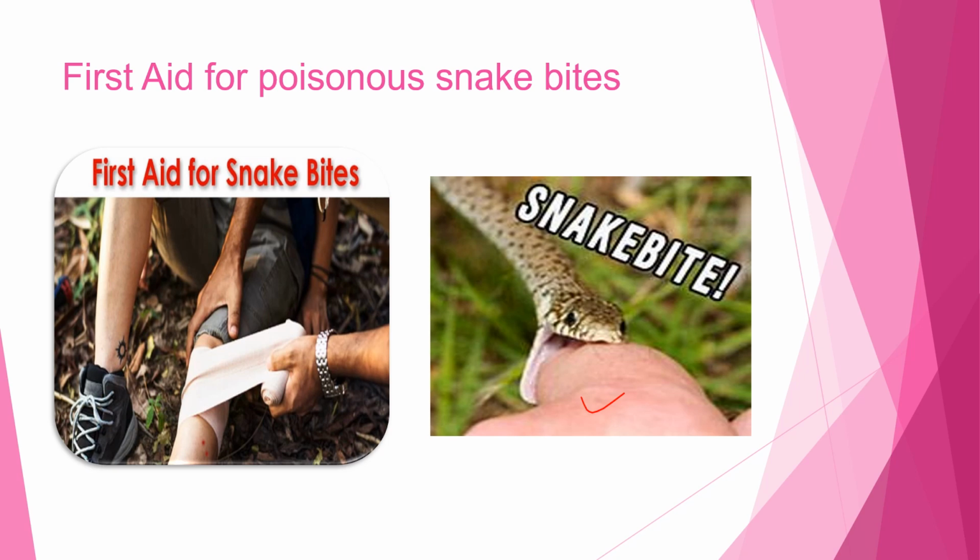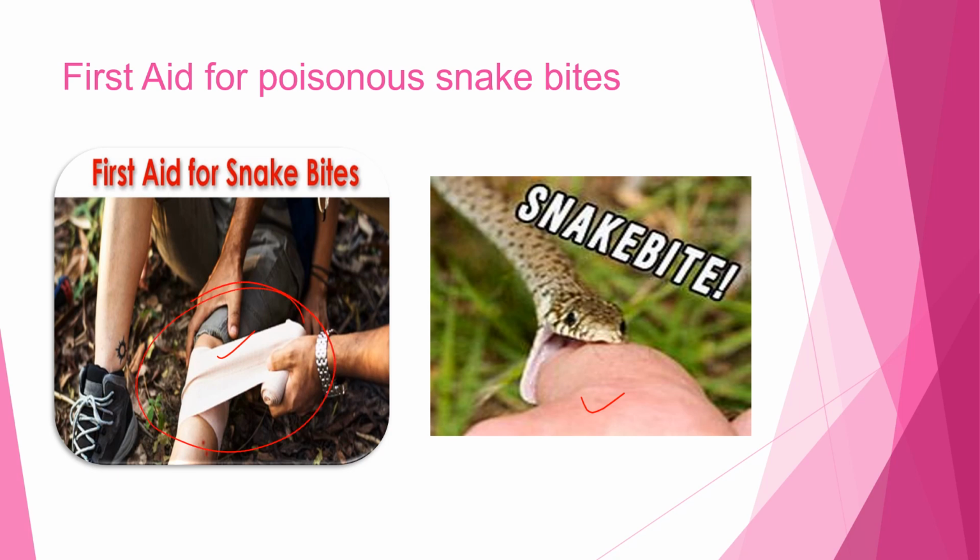We should never try to assess whether the bite is from a poisonous or a non-poisonous snake. We should immediately take action. We should clean the wound with an antiseptic lotion, such as Dettol or Savlon, and we should never use potassium permanganate. To limit the spread of the venom, we should bandage the bitten area firmly.